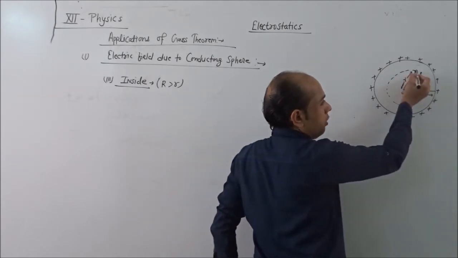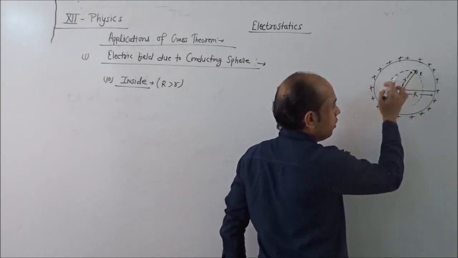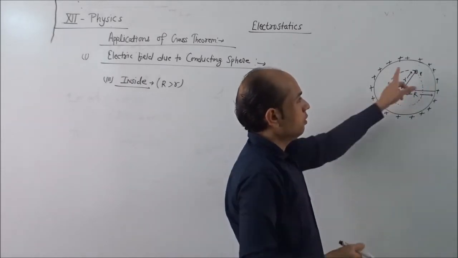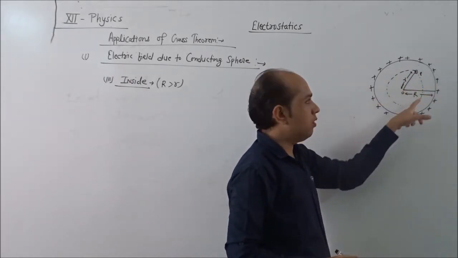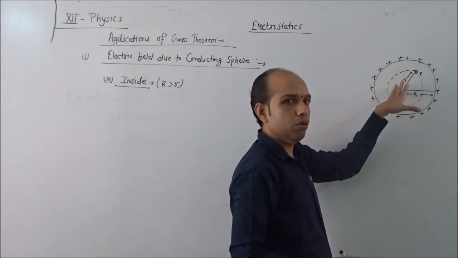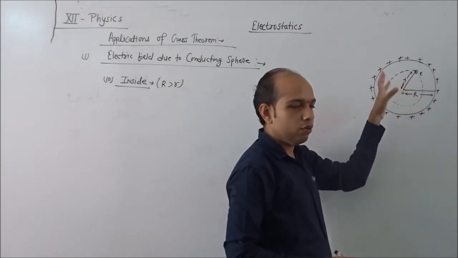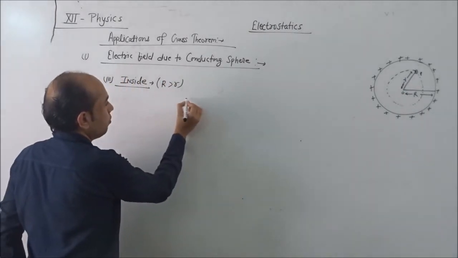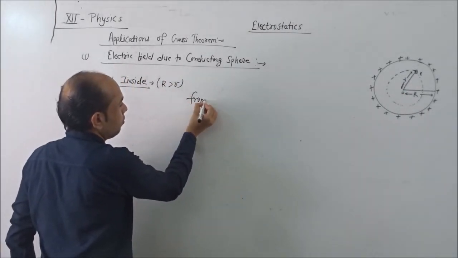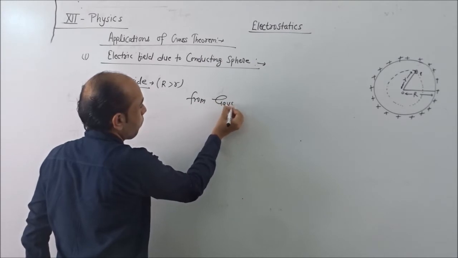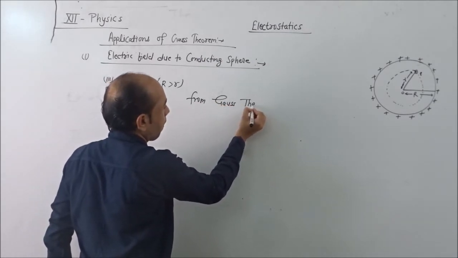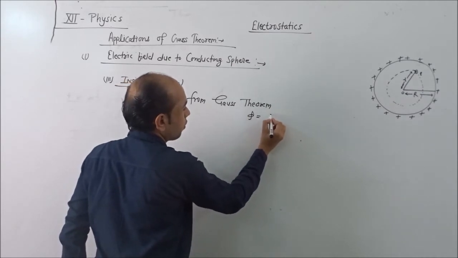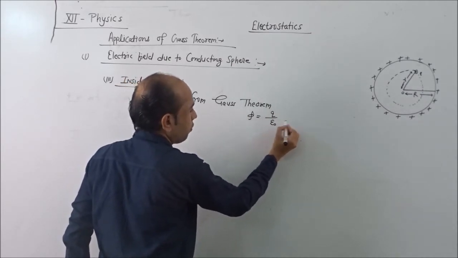At point P, there is no charge inside this sphere. That means in an imaginary Gaussian surface there is no charge, so because of no charge, no electric field. If we write Gauss theorem, phi is equal to q upon epsilon naught.